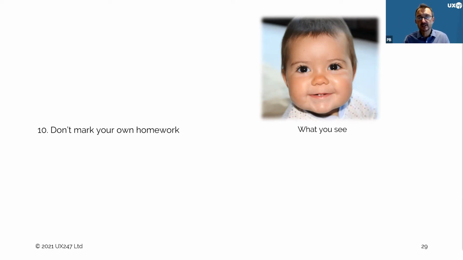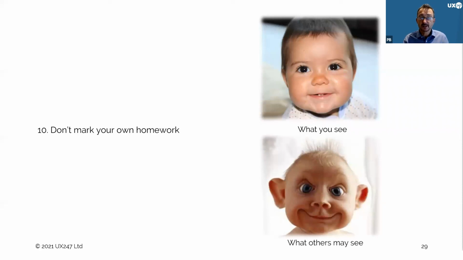And when you've created your own design, that's what you will see, this beautiful thing that you've created. It's very hard to be objective. But when you put it in front of research, this is what others see. And this is actually my son, James, who's not so attractive by any means. So try and get somebody else to do it for you, because they'll be much more objective, and you'll find that just easier to take on board.